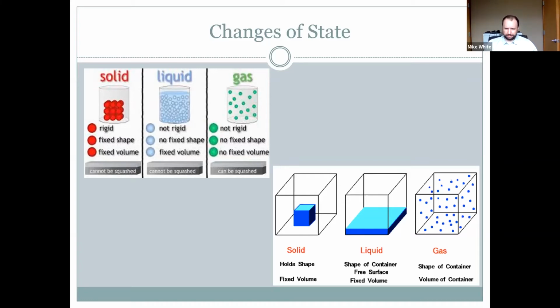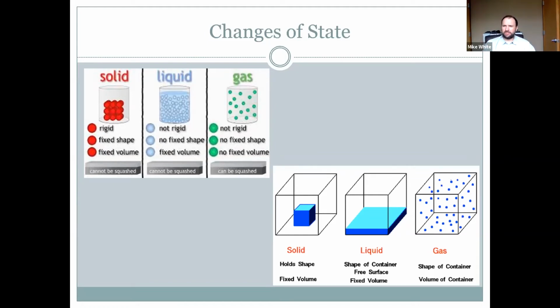This goes back to the molecules being so spread apart in a gas: you can condense gas down and squish it and make it small, whereas you can't take a bottle of water and squish that water down and make it smaller. With gas, think about an oxygen tank, if you're scuba diving or if you're sick and you're on oxygen.